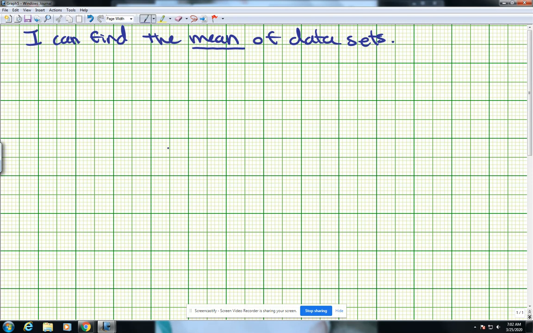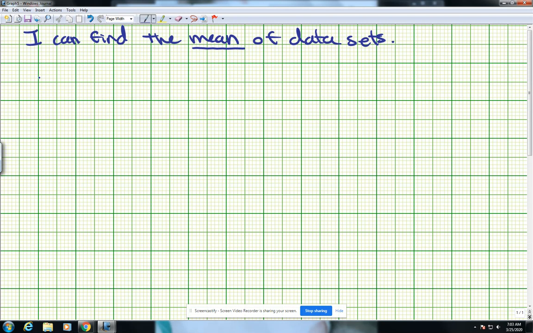And this is the same thing I do every time when I find your average for doing your notes on time in class. So the mean of a data set is the sum of the data divided by the number of data values. So you take all the values and you add them all together, and then you divide by how many you added. So there's a numerical example there on page 398.